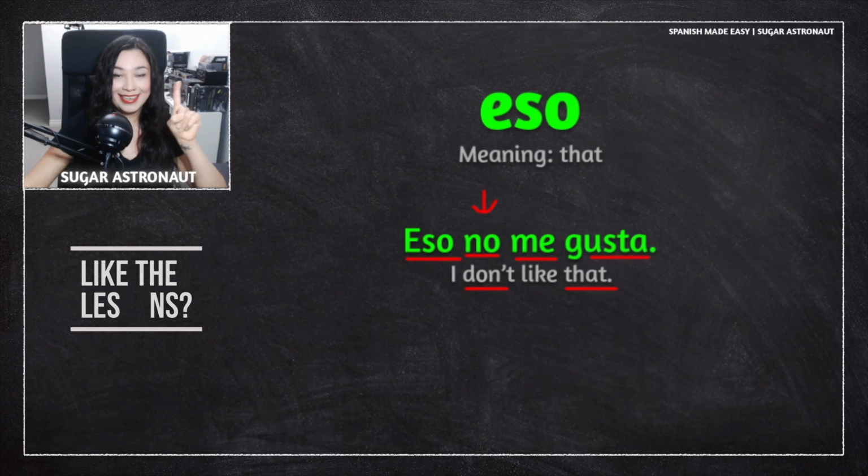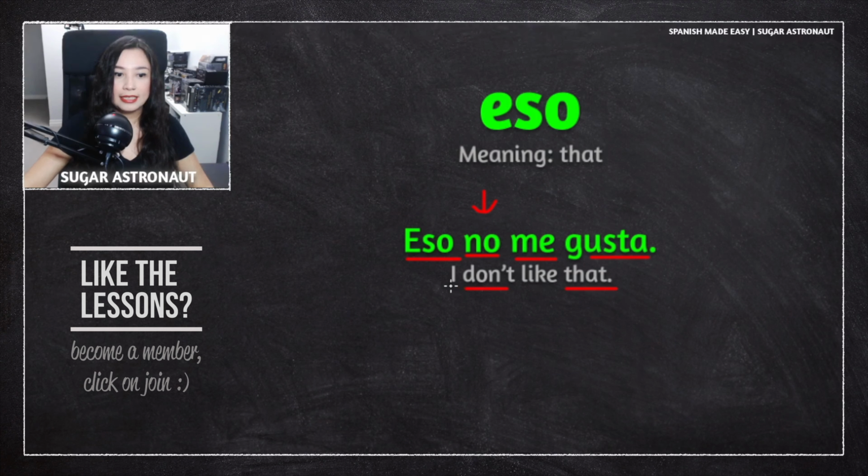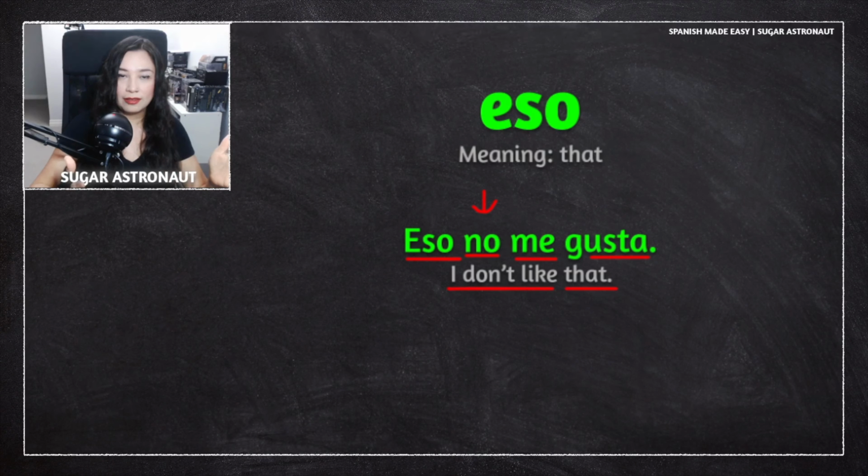I don't like... In this situation, that, whatever that is, it could be a physical thing or something non-tangible that you don't like, the situation, for example. Eso, that, okay? So we don't know what we're talking about.